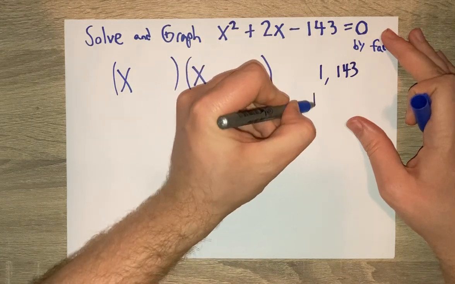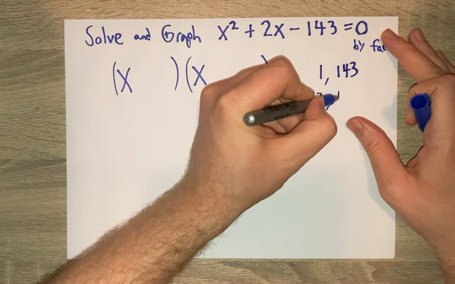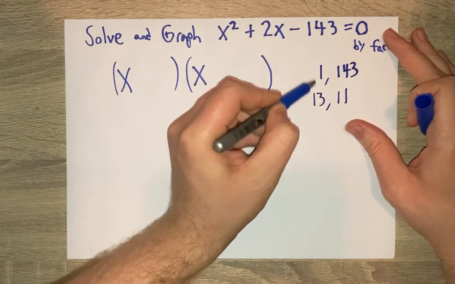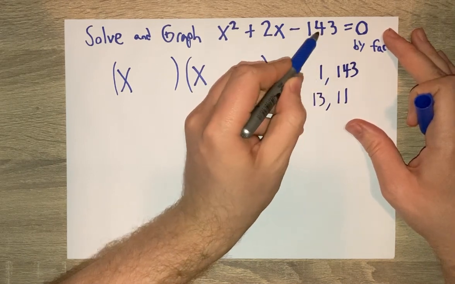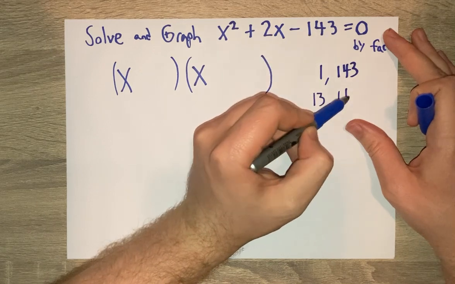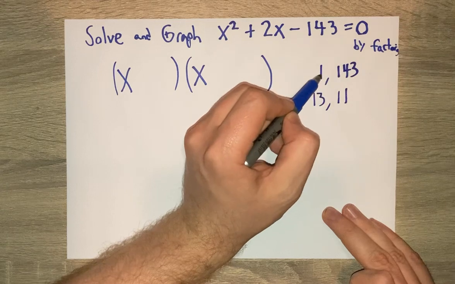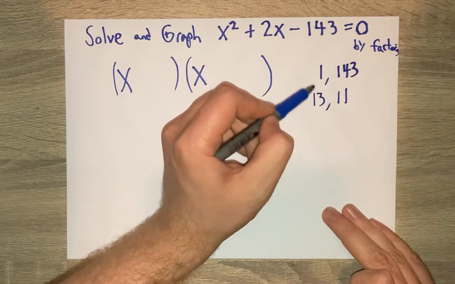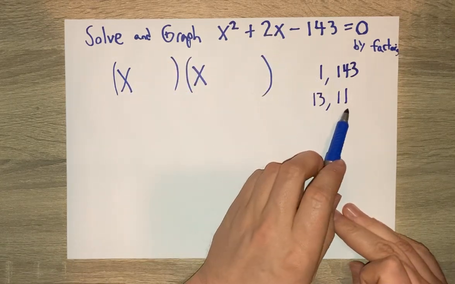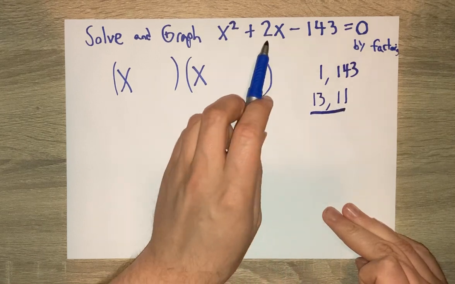And how about 13 and 11? Right, 13 times 10 is 130. 13 more brings us to 143. So 13 and 11 are factors of 143. And believe it or not, these are our only factors of 143. So we're going to have to use this one.